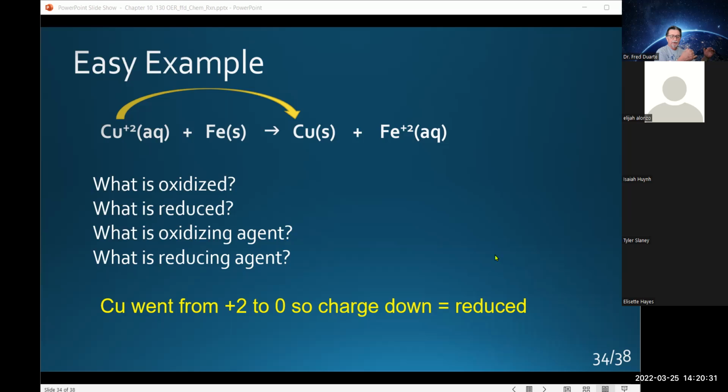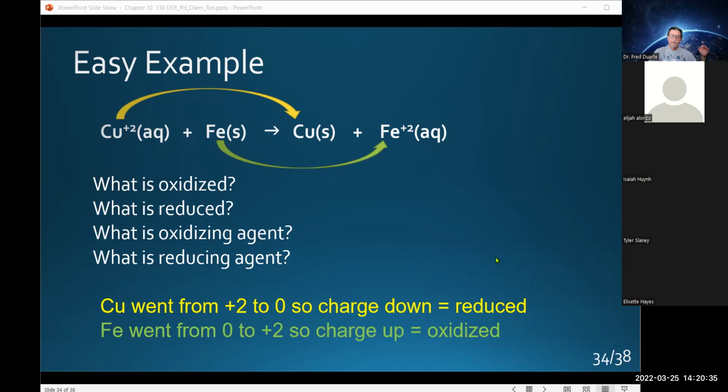Okay, so it was reduced. Whereas iron went from a 0 to a +2. Well, to go from a 0 to a +2, you must lose 2 electrons. Okay, so iron was oxidized because it went from a 0 to a +2.